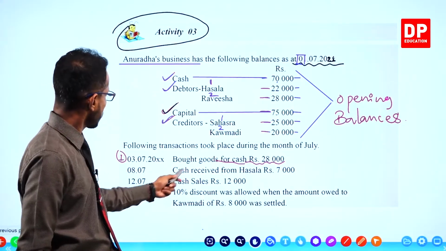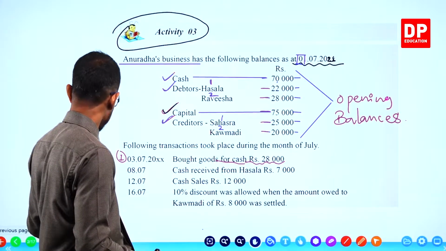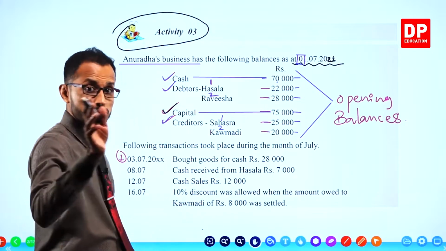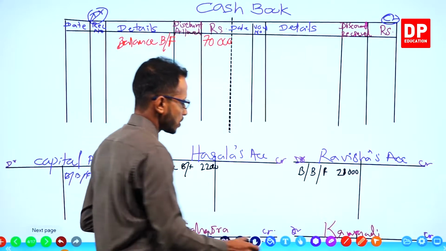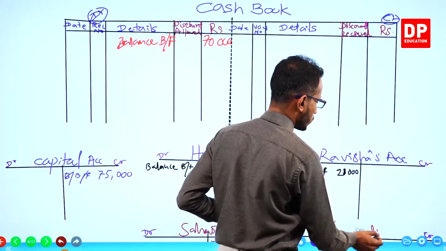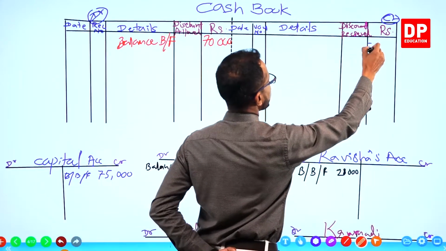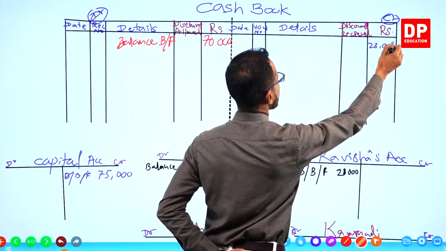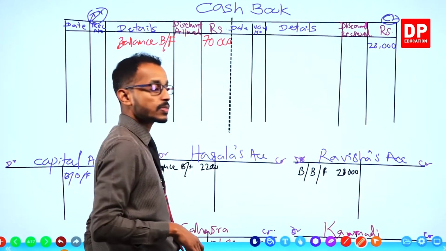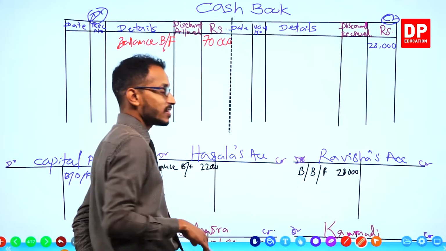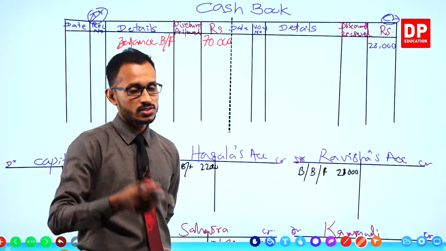Yeah, bought goods for cash 28,000. So 28,000 should be credited to the cash book. Cash book, credit side 28,000. No discount, no nothing. Well, even if there were a discount, that should be a trade discount.